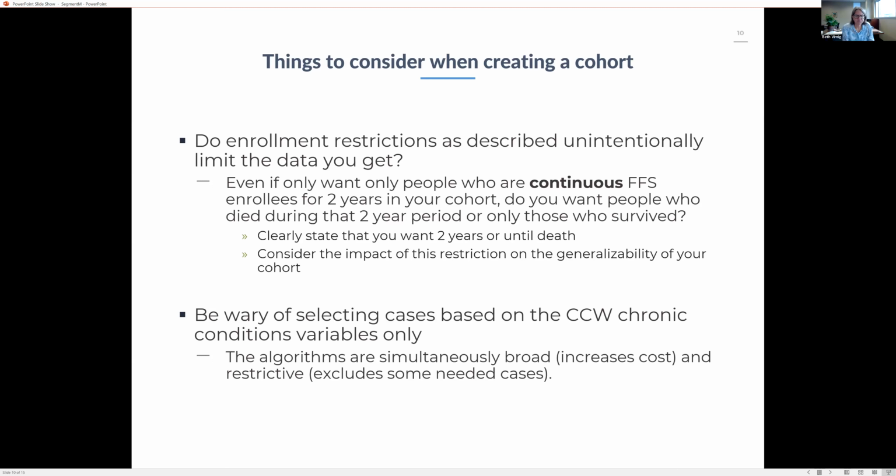This happened again. There was another example today of like, well, if you require a year's survival, then one of the things you're doing is you're selecting out some of your outcomes. Likewise, by using a continuous 2 years, I got no new enrollees. So at the end of my study, I had an older than average, healthier than average population, because I got rid of all my new enrollees, and I got rid of all of the people who were dead.